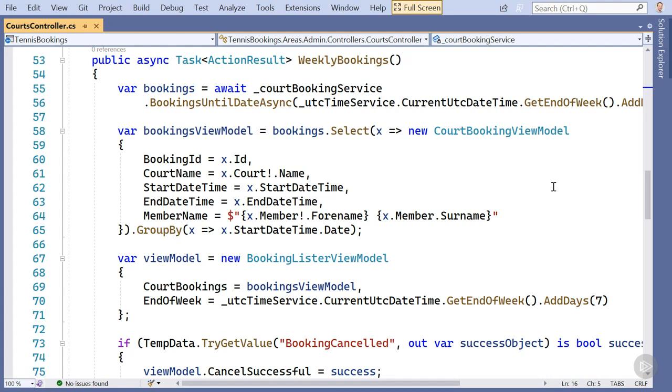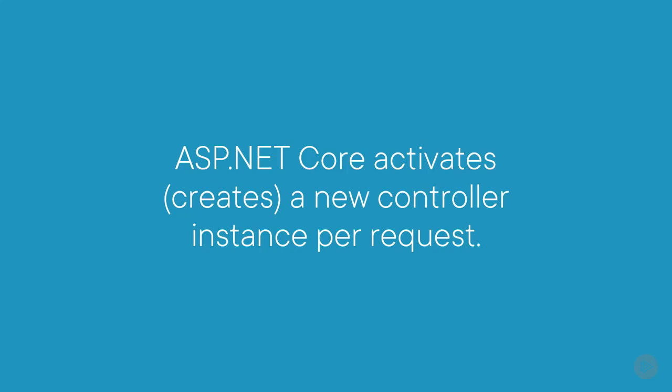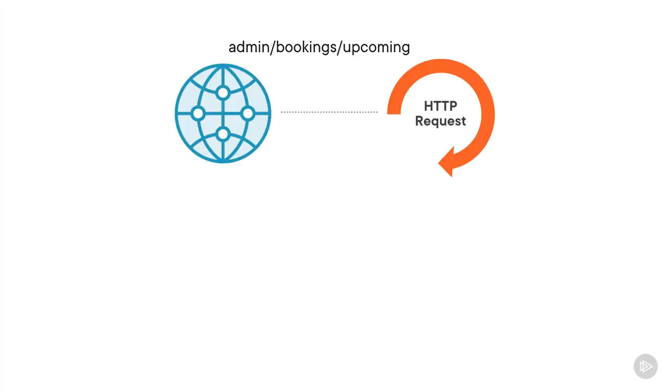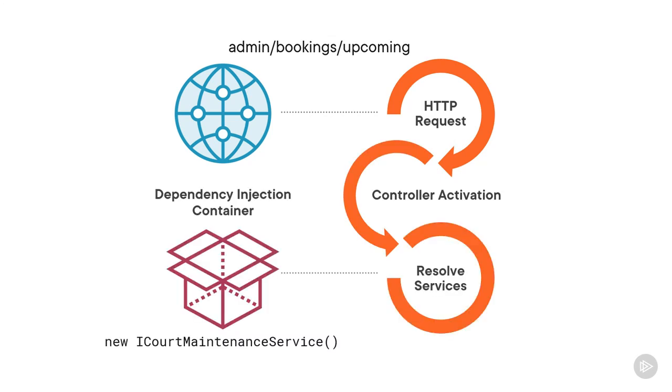else in this controller. It's important to understand that ASP.NET Core activates a new controller instance per request. The ICourtMaintenanceService needs to be registered as a scoped service with the dependency injection container. Therefore, every time a new request comes in, which this controller handles, the controller will be activated by the framework, and a new instance of the ICourtMaintenanceService will be instantiated.